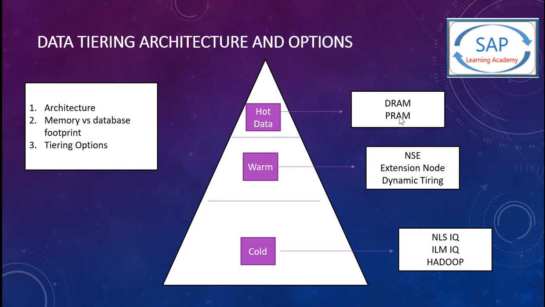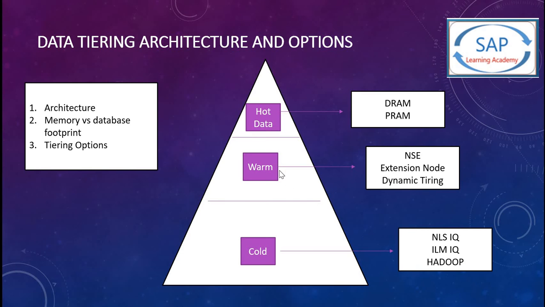Now we have these new technologies, the PRAM, persistent RAM, meaning it is a non-volatile memory. If the server goes down, some data can still be kept in the RAM. So it is a different storage capability than the DRAM.